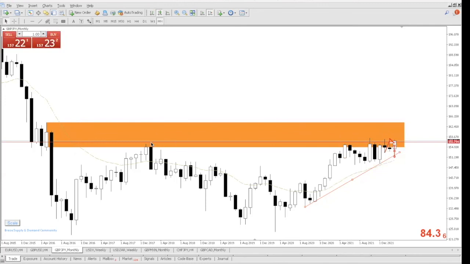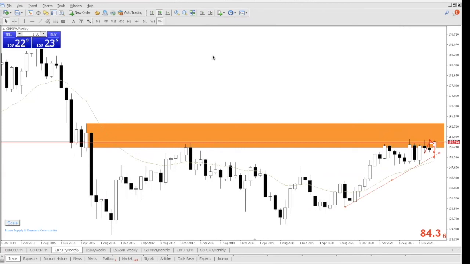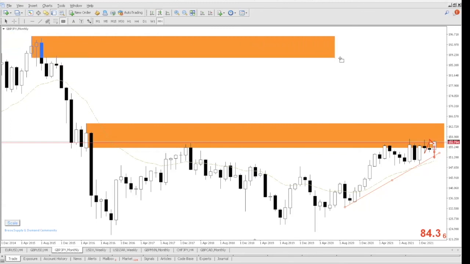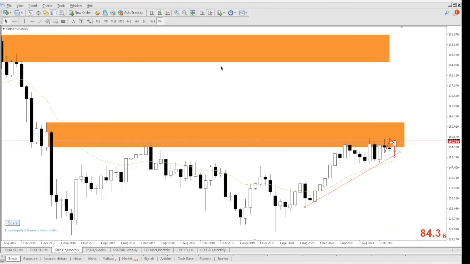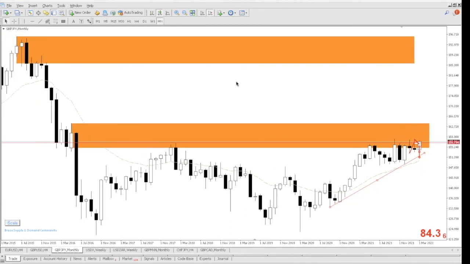So the expectation is for price on pound JPY to come and reach here. This is the only valid area where we expect price to go. So we expect pound JPY to reach this area, all right?